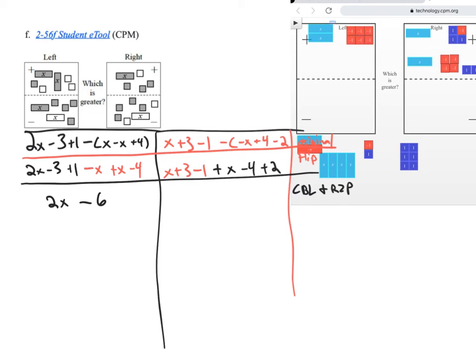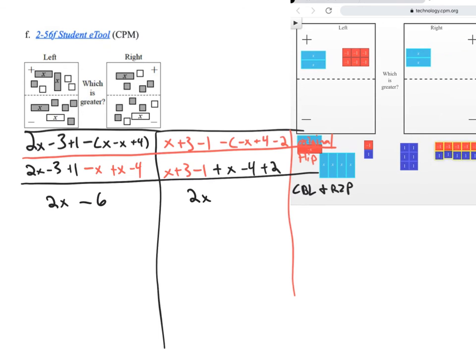So this is just going to be positive 2x, take away 6. On the right side, I have that same positive 2x, and then I'm looking at removing zero pairs here. So I'm just going to line all of these up here and see what's left over, and I've got 5 negative 1s and I've got 5 positive 1s. So I'm just going to take all those because they make all zero pairs, and all I'm left with then on the right side is just 2x, and that's it.